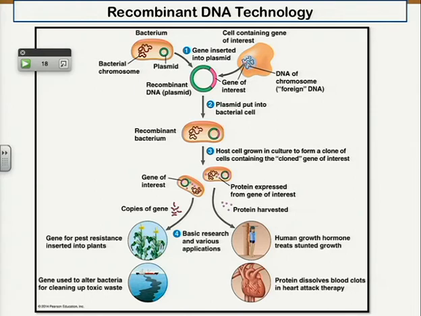Recombinant DNA technology means you're taking DNA from two different sources and recombining them to make a recombinant molecule. The DNA from the two different sources are: one is the gene that you want to study, which we refer to as your gene of interest.